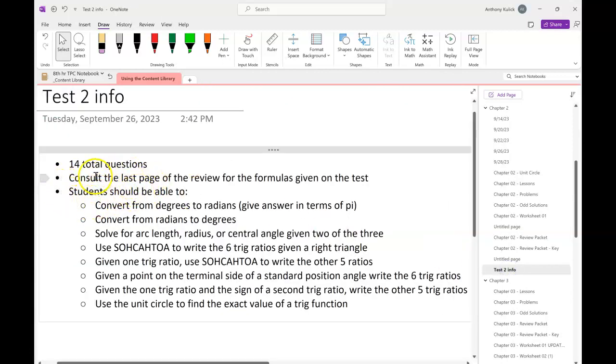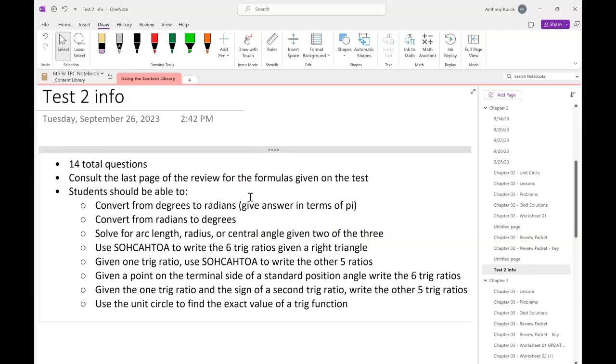The kinds of things you should be able to do is convert from degrees to radians and represent your answer in terms of pi. So for example, if I give you 45 degrees, you should be able to write that as pi over 4. That's what I mean in terms of pi, not the decimal, like 0.9 whatevers. I want pi over 4.